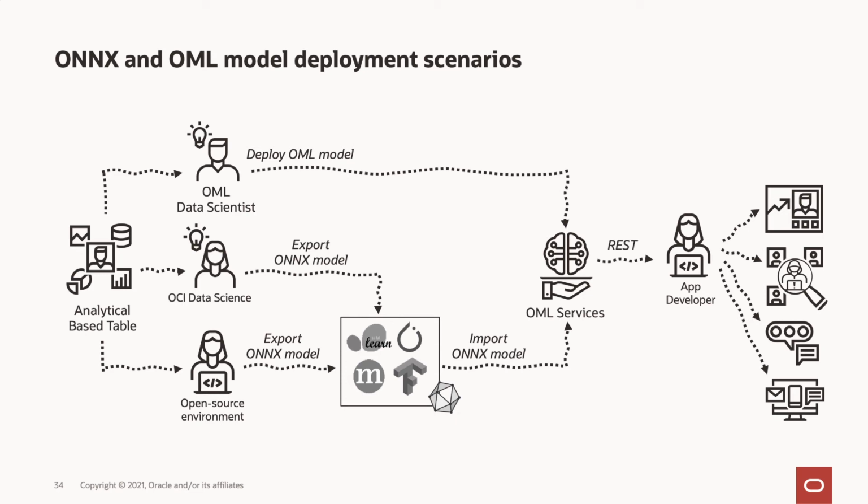But there are also options for OCI Data Science users or open source environment users that are deploying models into ONNX format. OML Services can also take those ONNX files and deploy them for scoring in real time. At that point, the application developer is going to be using REST to call those models.